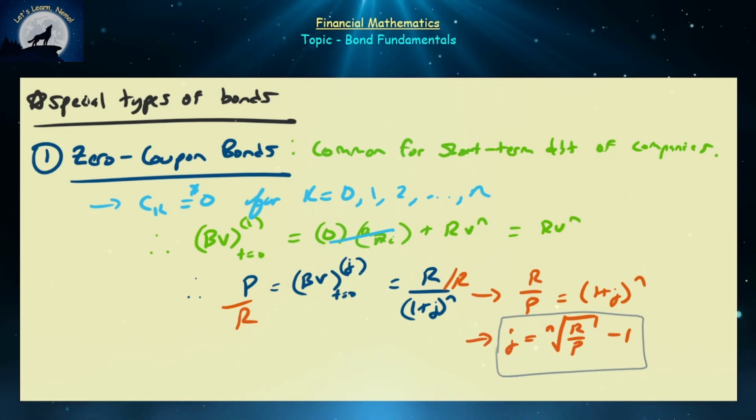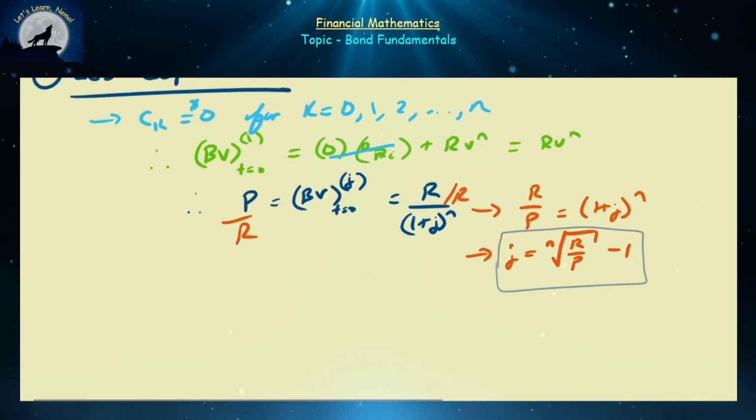So the mathematics definitely is easier. And what must be true for this redemption value R? Well, obviously in this particular case, if R and P are equal, that quotient will be equal to 1. The mth root of 1 is 1, and 1 minus 1 is 0. But isn't it common for redemption values and face values to be equal to one another? Possibly.